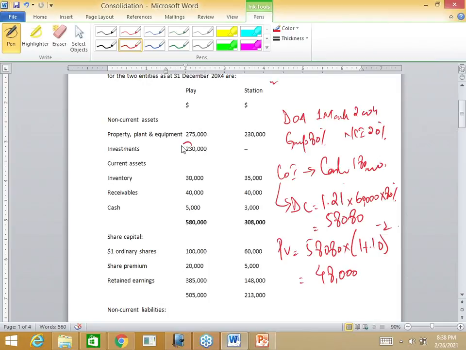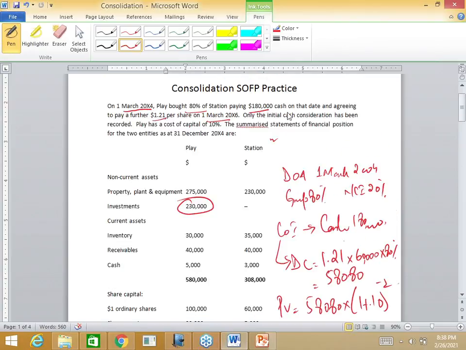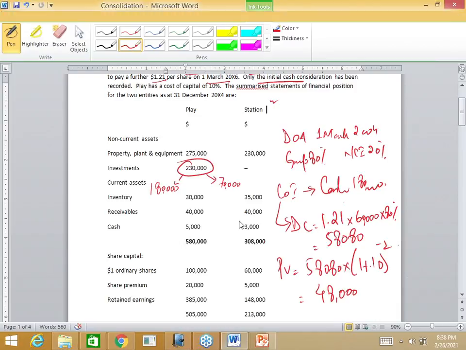The investment is recorded at 2,30,000, and only the cash consideration has been recorded. That's a very important point: out of 2,30,000, 1,80,000 is the value of the subsidiary. So the remaining value of 50,000 will be some other investment. That other investment could be an associate, or it could be an IFRS 9 investment.